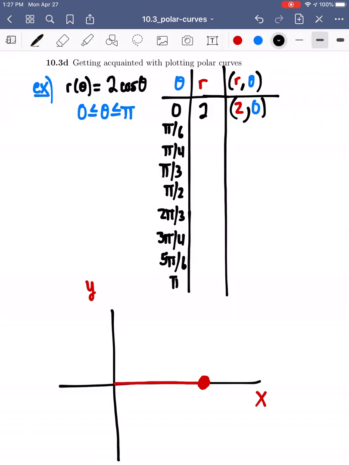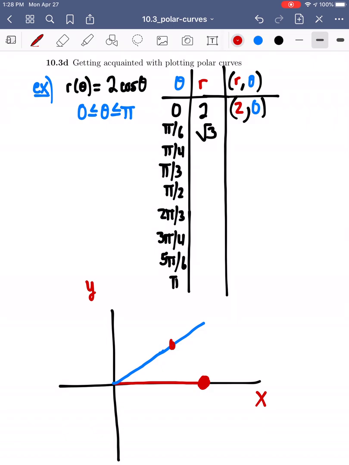All right, next. When theta is equal to pi over 6, our r value is 2 times the cosine of pi over 6. Cosine of pi over 6 is square root of 3 over 2, which means r is equal to square root of 3. So at an angle of pi over 6, somewhere like that, our r value is about square root of 3, which we know is smaller than 2, larger than 1.